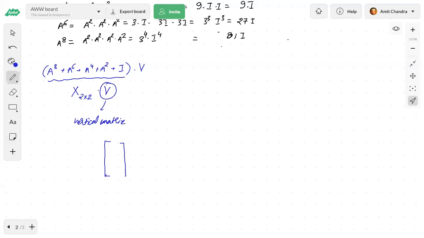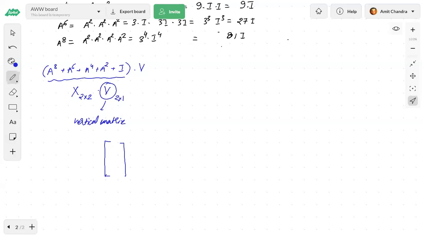Now how many rows are compulsory for this matrix to have in order to be multiplied? 2 rows should be compulsory, right? Now the number of columns should be less than 2. So the only possible number of columns less than 2 is 1. So that means this matrix is of the order of 2 cross 1.